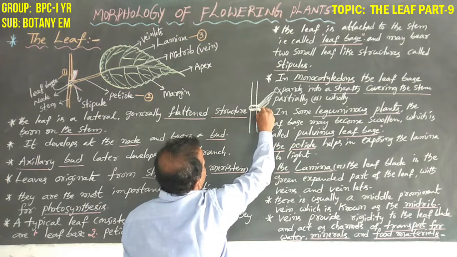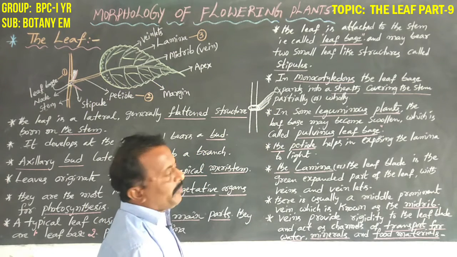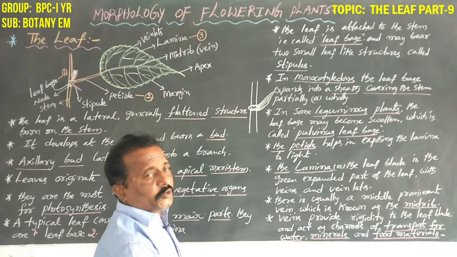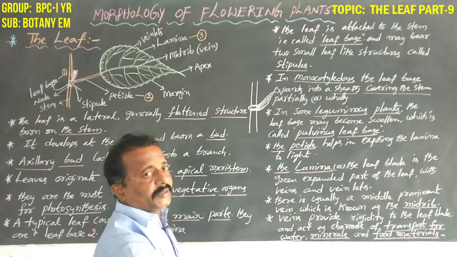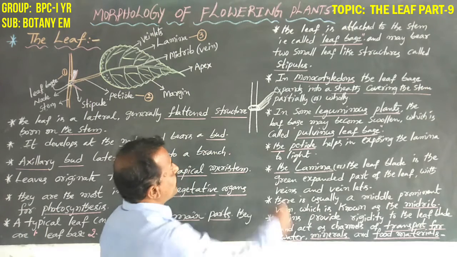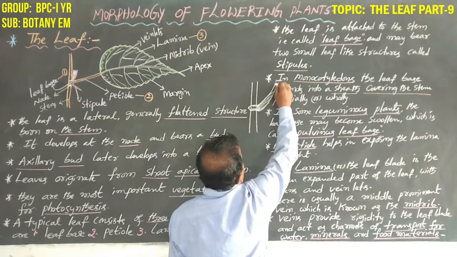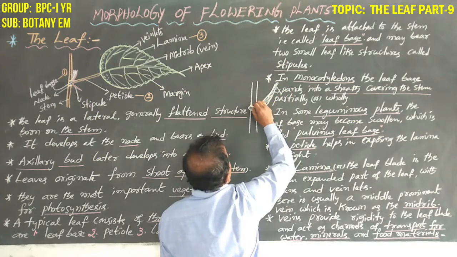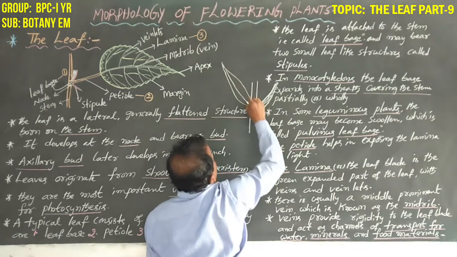This is a leaf base. It is not clearly shown, because the leaf base covers the node of the stem, especially in rice plants, wheat plants, maize plants, and also sugarcane plants.